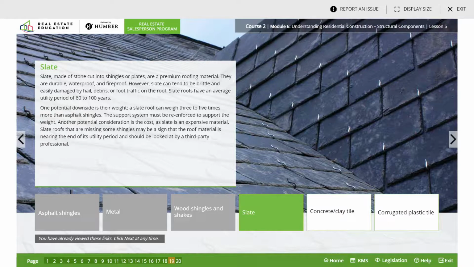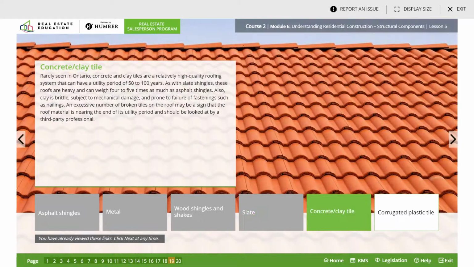The average utility period is about 60 to 100 years, which is, I think, amazing, because 100 years, I don't even know if I can live that long, but at least my roof will be in one piece. The downside is the weight. They weigh about 3 to 5 times more than asphalt shingles. And they're very expensive to install.